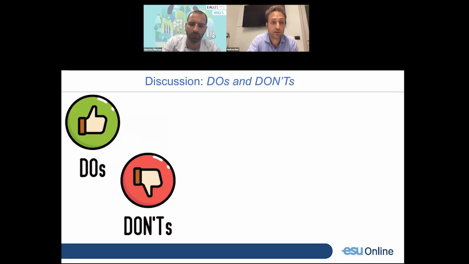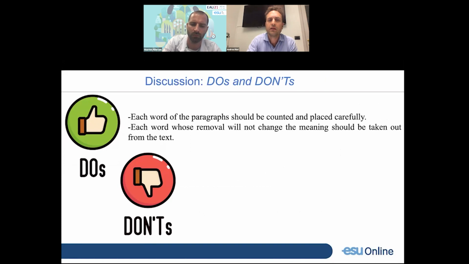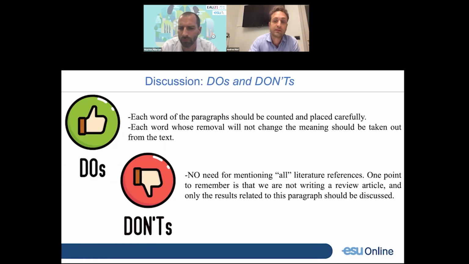About the discussion, some tips and tricks. Each word of the paragraph should be counted and placed carefully. That means that each word whose removal will not change the meaning should be taken out from the text. Another point is that in discussion, you don't have to mention all the literature, all the studies about a certain topic.